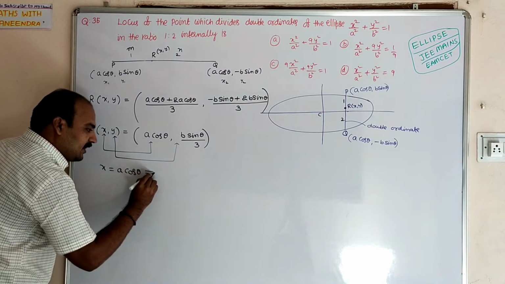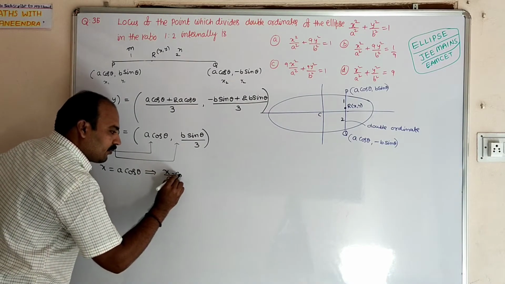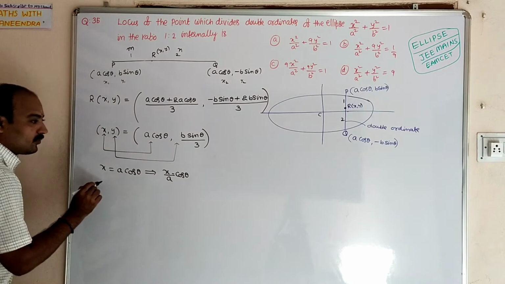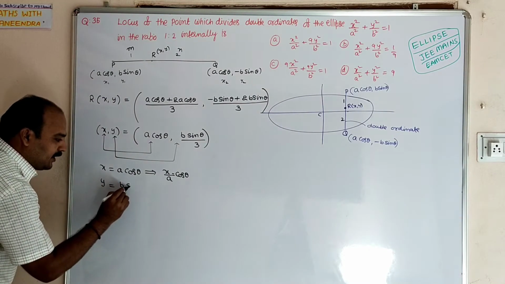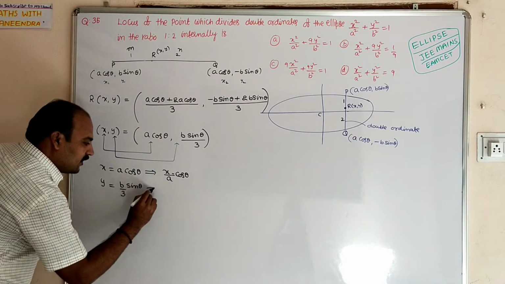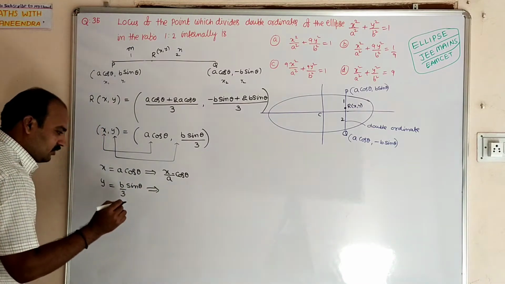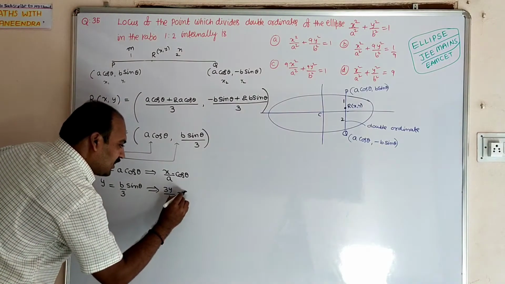That implies that x by a is equal to cos theta. y equals b sin theta by 3, cross multiply, 3y divided by b equals sin theta.